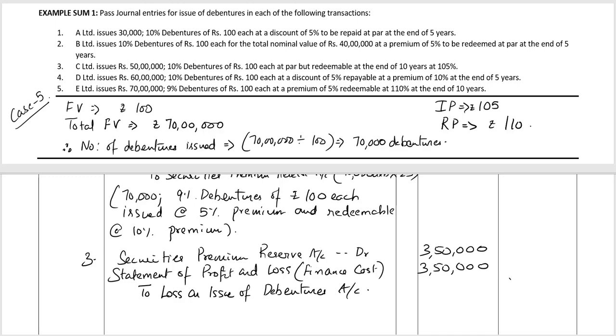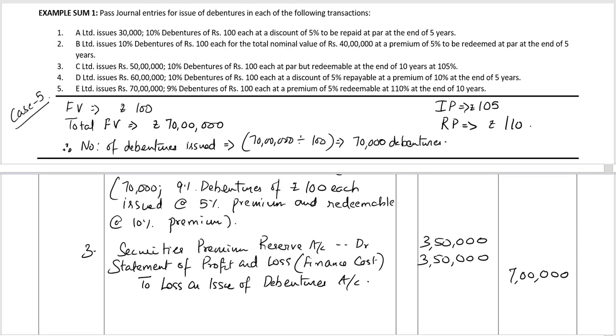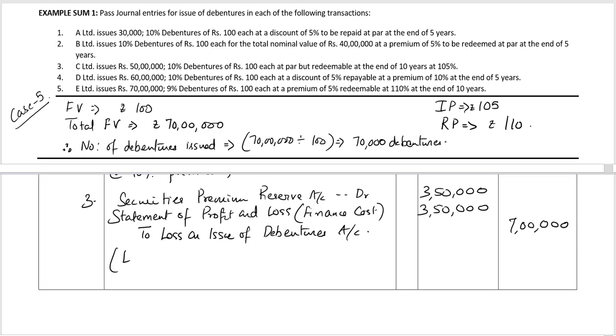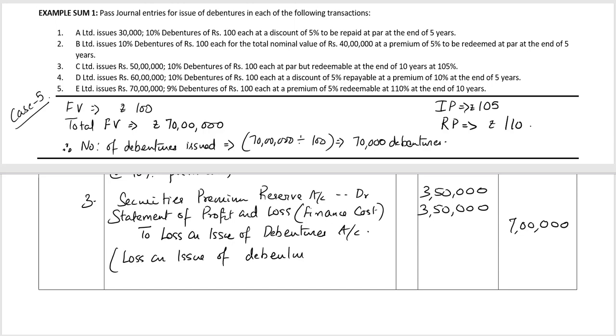The total loss to be written off, 7 lakh rupees. Narration: loss on the issue of debentures written off.